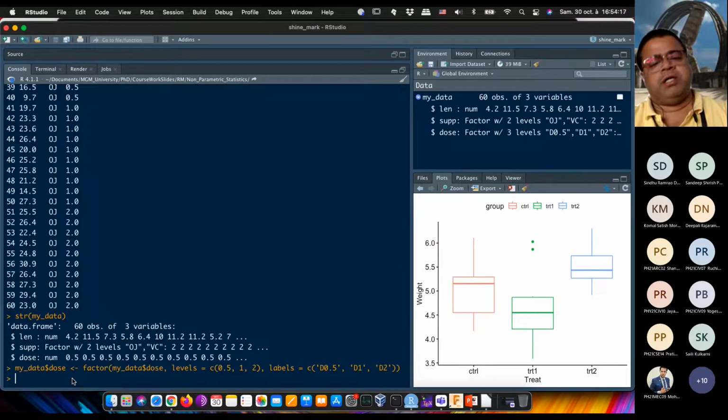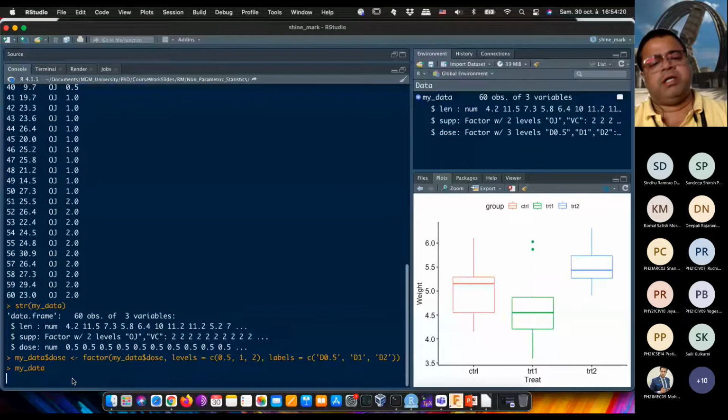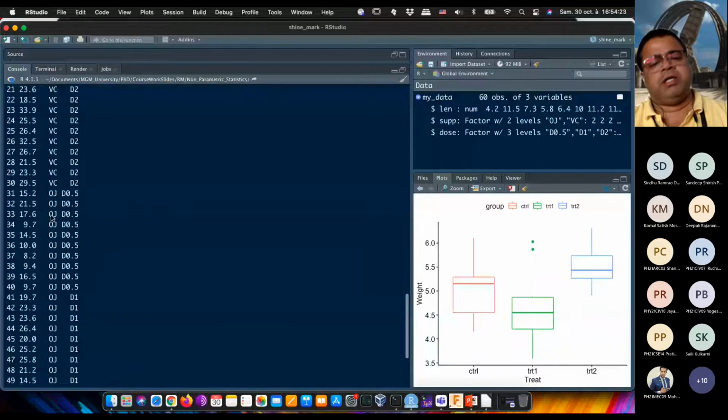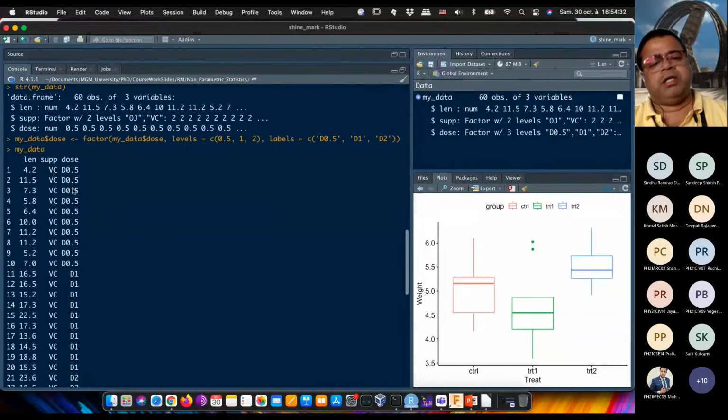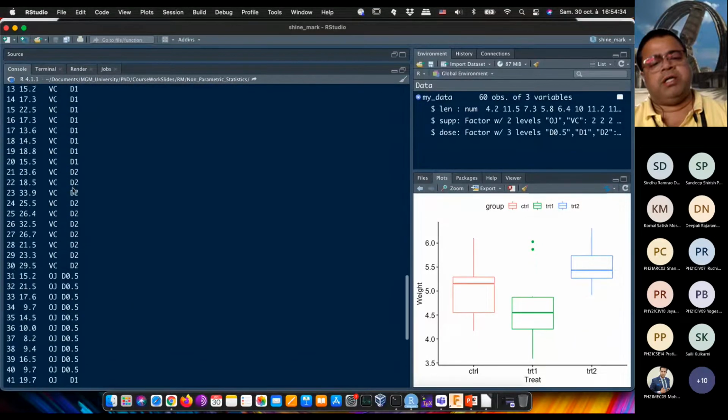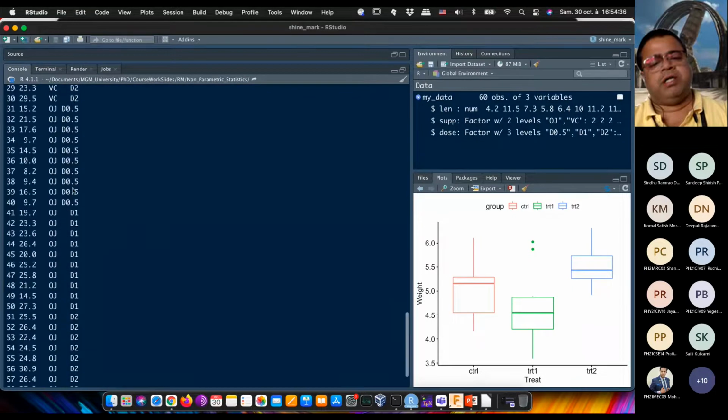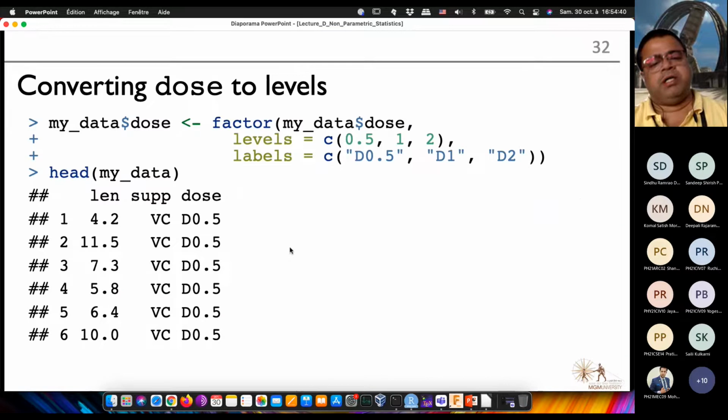If I just type my data again, what has happened here is all those places where dosage was 0.5, it has come up as D0.5. Thus D has been attached to the data. This is what I did and nothing else. It is only so that it will be easy for me to do ANOVA, nothing else. It will be easy for me to build the ANOVA.